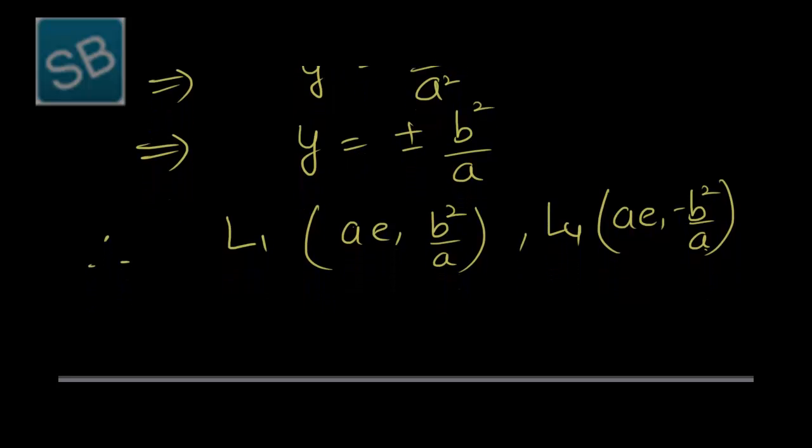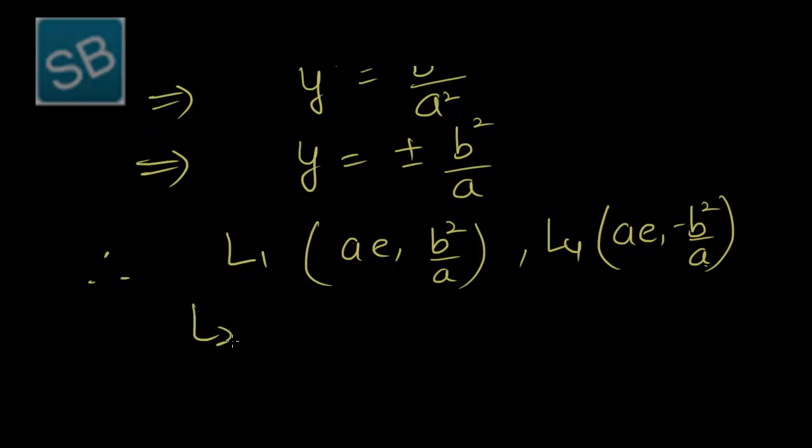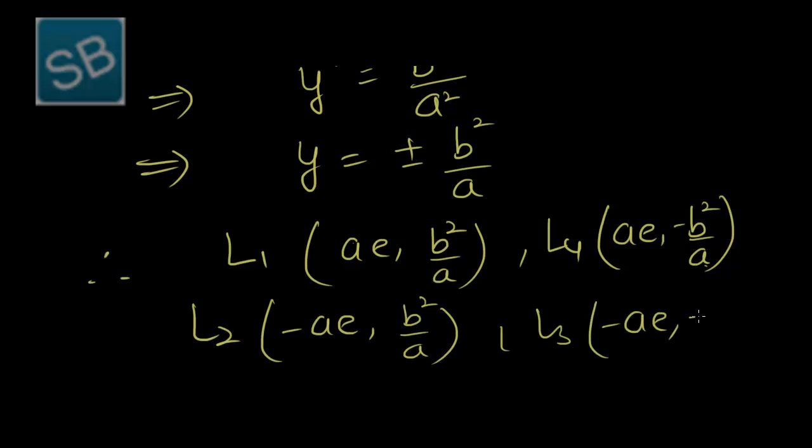Similarly, the coordinates of L2 are (-ae, b square over a), passing through the focus x equals -ae and lying in the second quadrant where the y coordinate is positive, and L3 is (-ae, -b square over a). As we have L1, L4, L2, L3, we can find the length of the latus rectum.